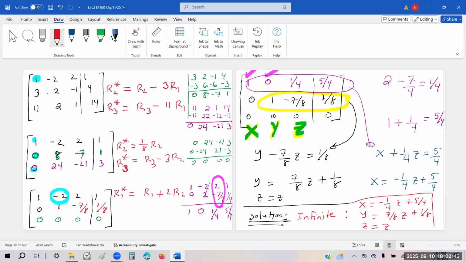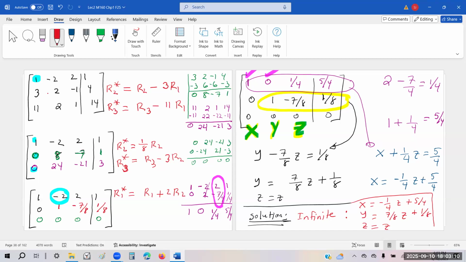You know in your mind that z could be anything. Yes, the notation for all real numbers, but you cannot use it here, because whatever you have for z has to be visible in x and y.